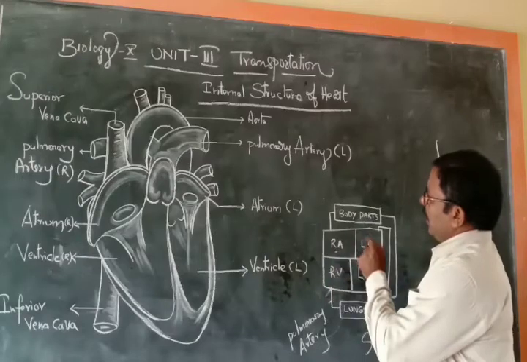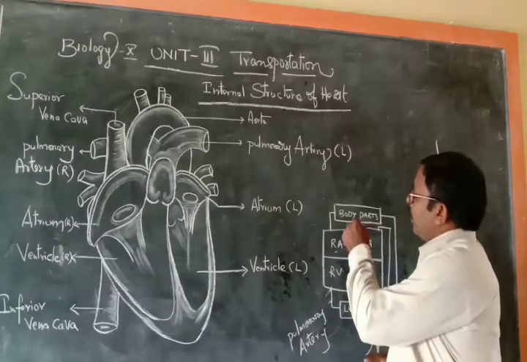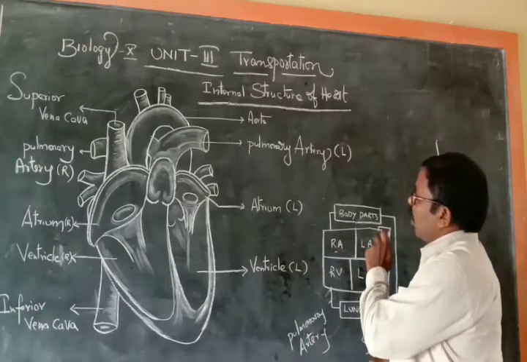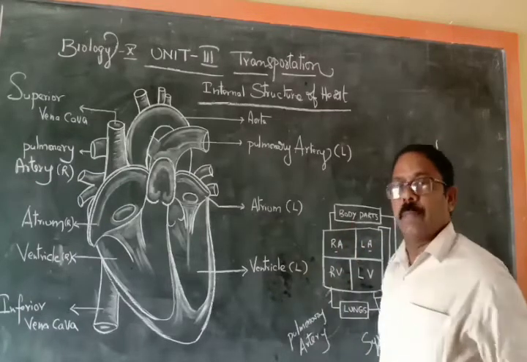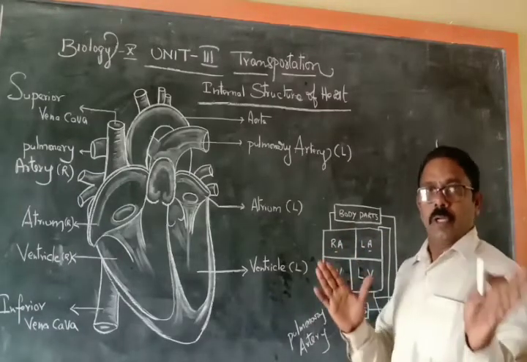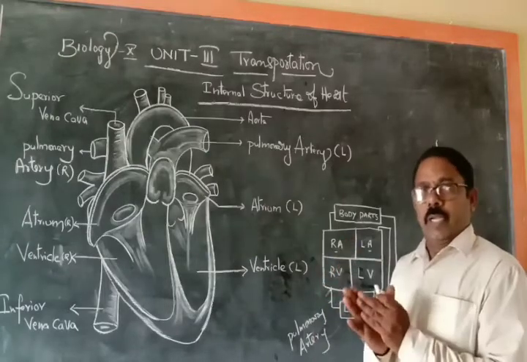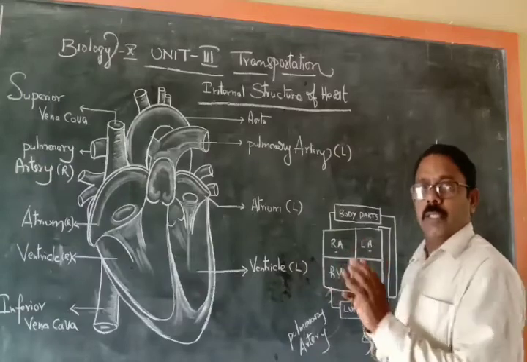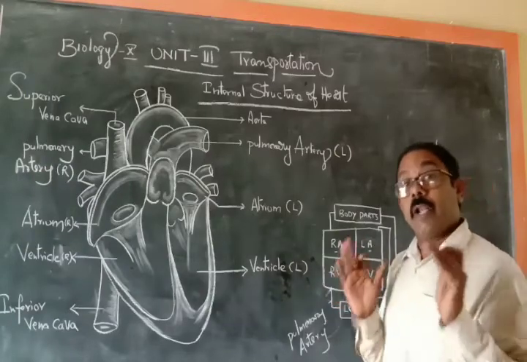Between the right auricle and the left auricle, the dividing part is called the interauricular septum.